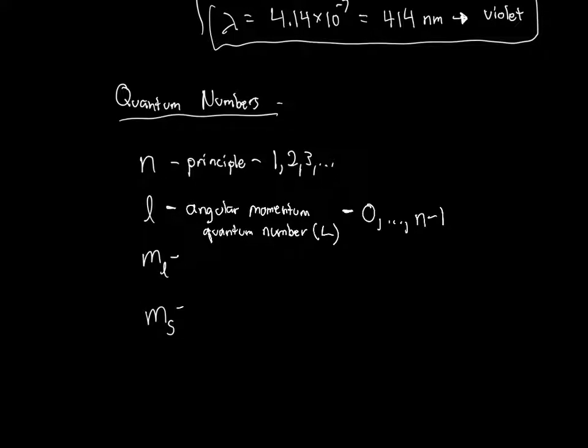If my principal quantum number is 1, then I start at 0 and go up to n minus 1, 1 minus 1 is 0, so 0 is the only angular momentum quantum number I have. If n is 2, then I can have 0 and 1. If n is 3, I can have 0, 1, 2. Keep those rules in mind, and we're going to apply them in a problem in a moment.